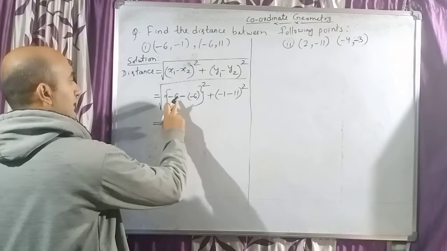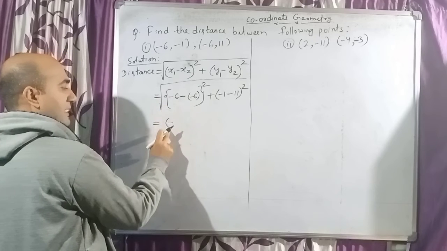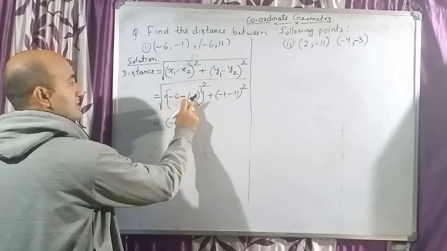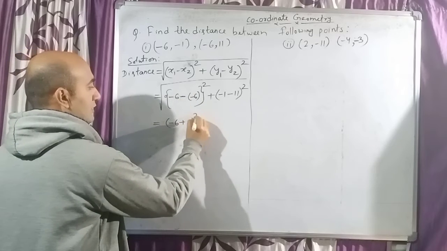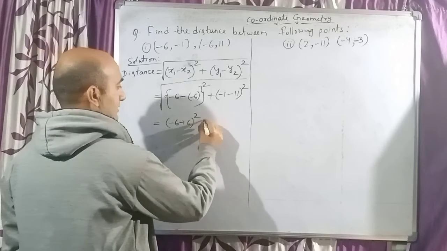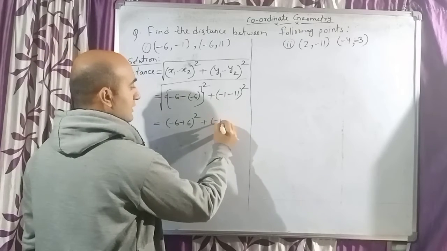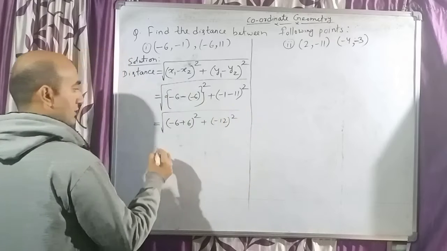Next one. Now same thing, this minus, second bracket again became first bracket, minus 6 I will write here, and this minus will become plus 6 and whole square, and here plus minus 1 minus 11 is minus 12 whole square root over.